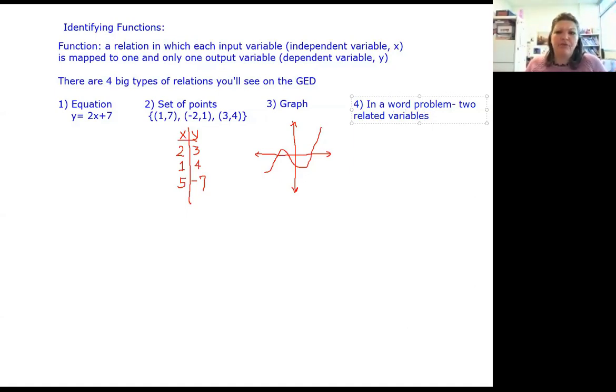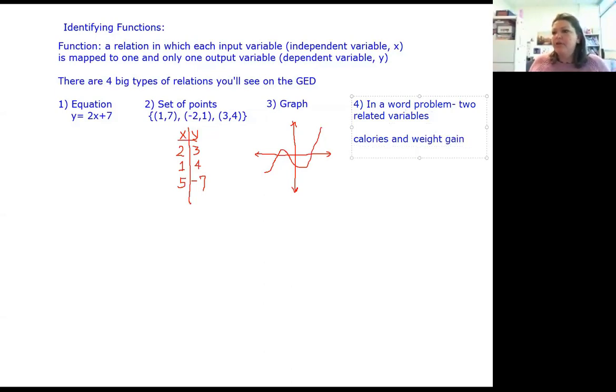So great example: the more calories I eat, the more weight I gain. Does that make sense? More calories, more weight gain. So I would say that calories and weight gain are a relation. They're related.